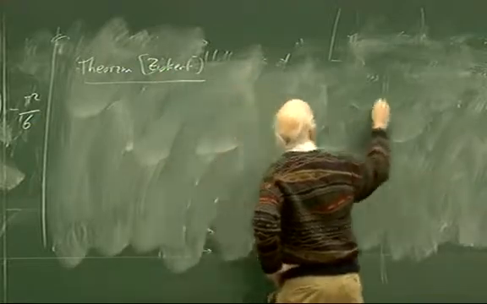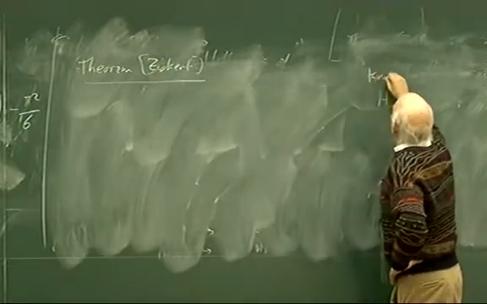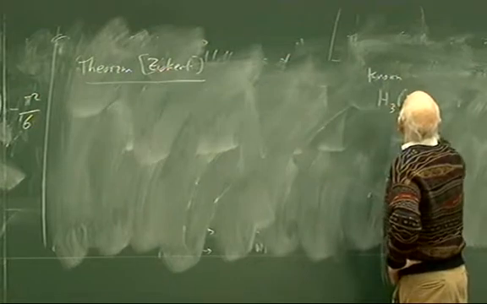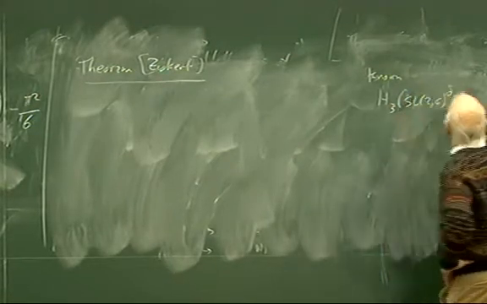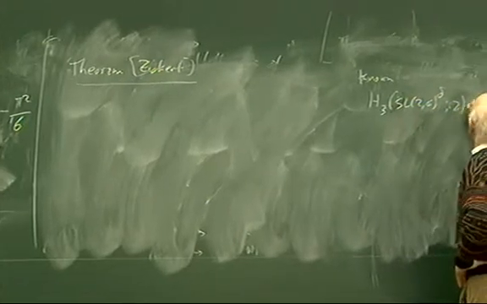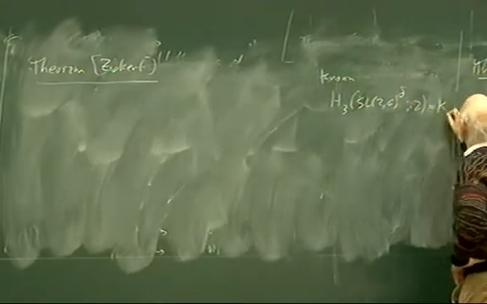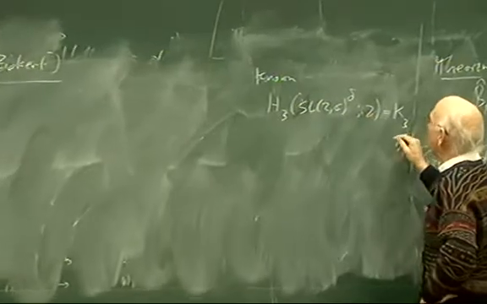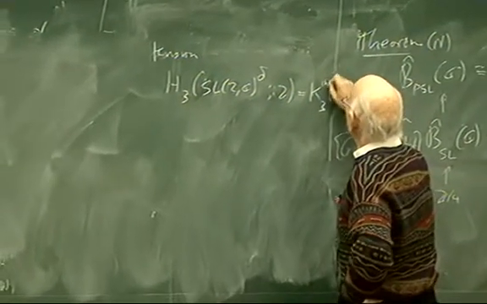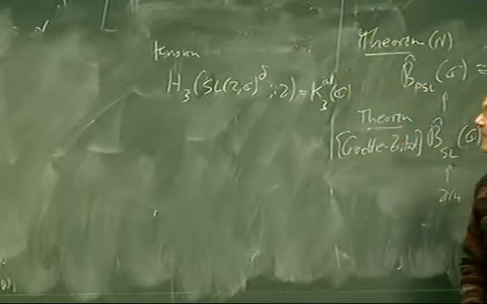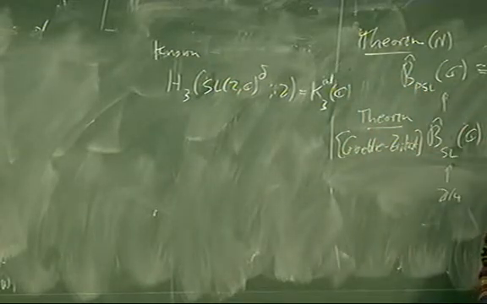It was known that H3 of SL2C made discrete with Z coefficients is the same thing as the algebraic K-theory of C, but the indecomposable elements, K3 indecomposable of C.